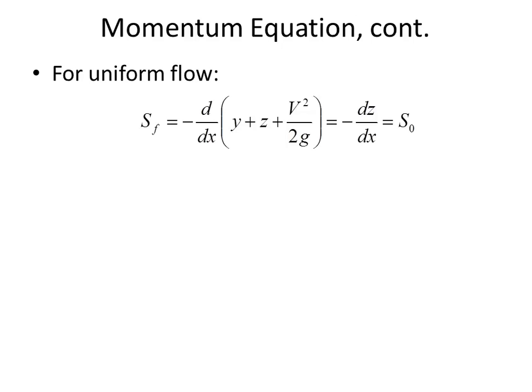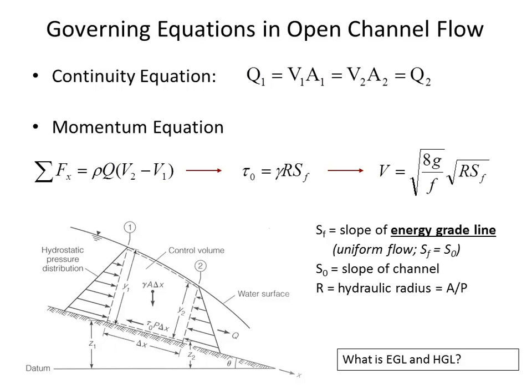The energy is either in the depth, the elevation above the datum Z, or the velocity head. And so the slope of the energy grade line just looks at, in the x direction, in the direction of flow, this is the x direction. You can see the little x here.